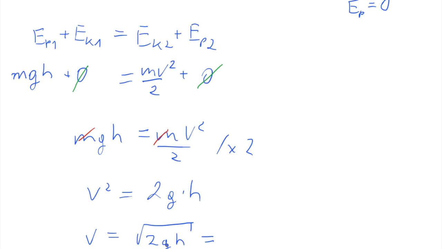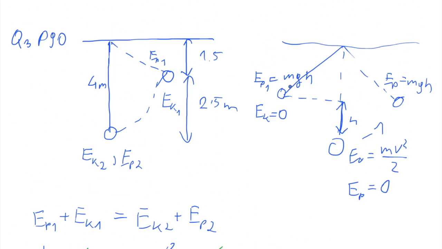Let's see. I have 2 times, g is obviously acceleration due to gravity, 9.8, times the height. As we mentioned previously, it's important that we recognize what the height is. The height is the distance between the top position in this motion and the bottom position in this motion.